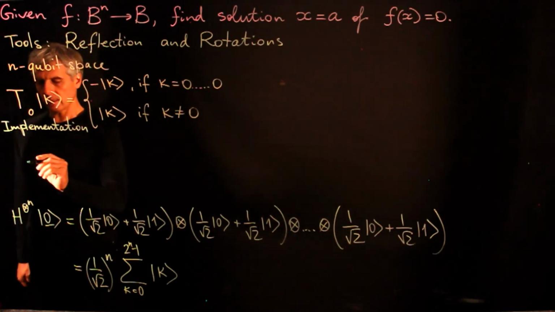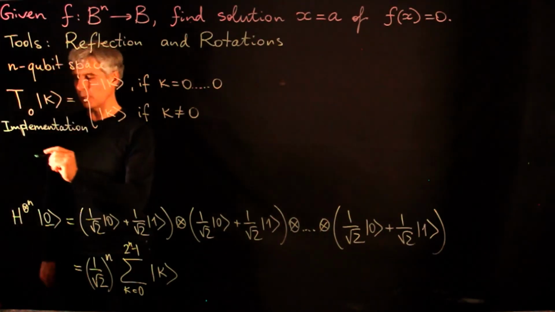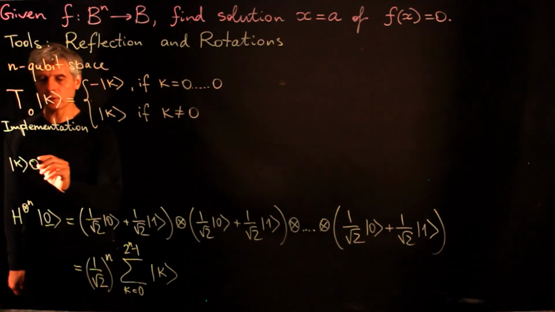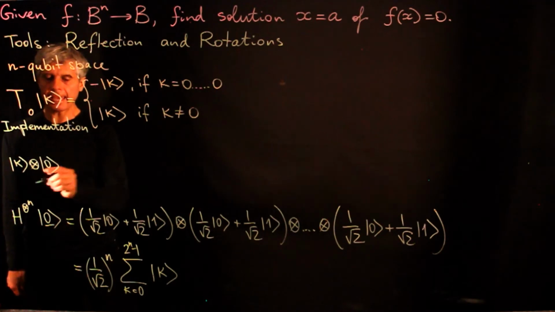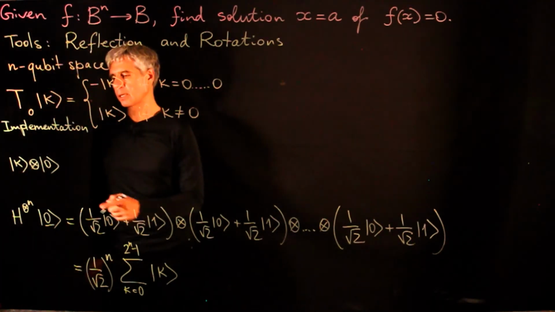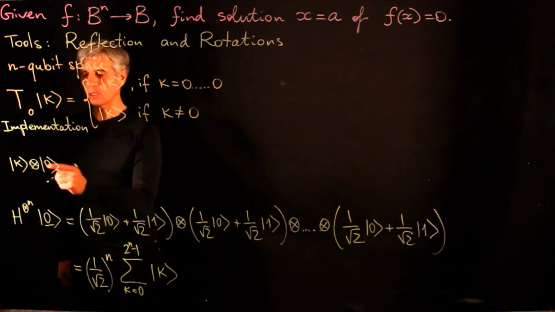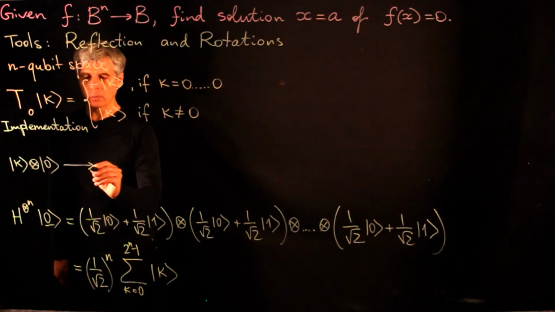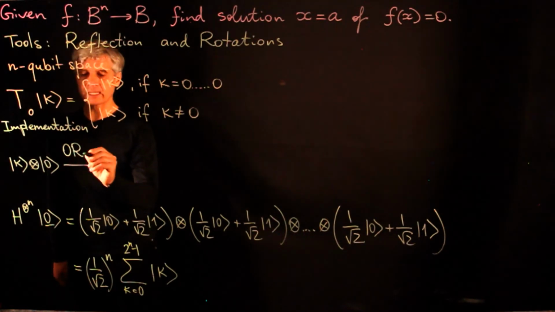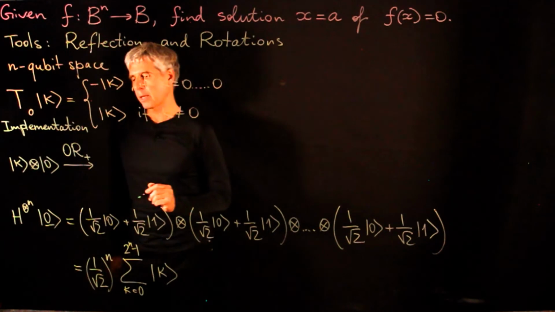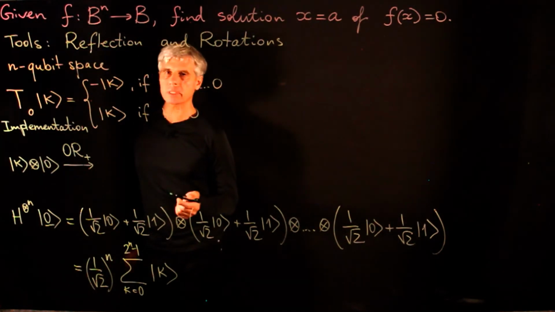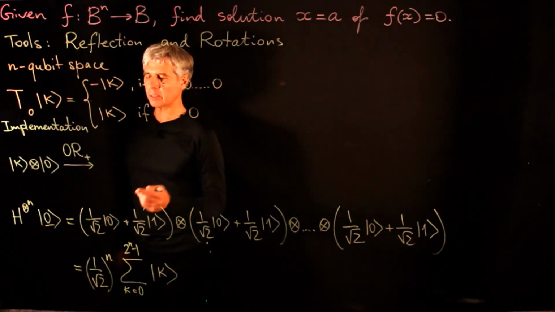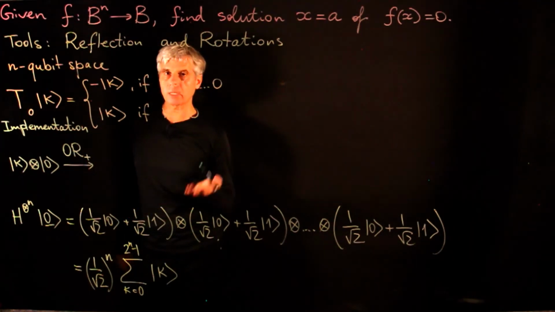So the trick is, instead of taking n qubits, we're going to start with n plus 1 qubits. We add to our input an extra qubit in the state 0. And then to this qubit, we apply the OR plus transformation. The only difference is that usually, as we discussed in the previous class, OR is considered as an operator with 2 inputs and 1 output.